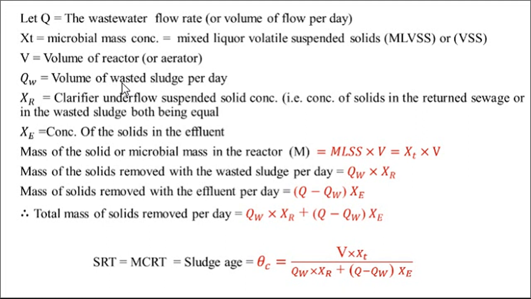Then the mass of solids removed with the effluent per day is equal to Q minus QW into Xe, and hence we can write the total mass of solids removed from the system per day is equal to QW into XR plus Q minus QW into Xe, and hence the SRT or MCRT or sludge age theta c is equal to V into XT divided by QW into XR plus Q minus QW into Xe.